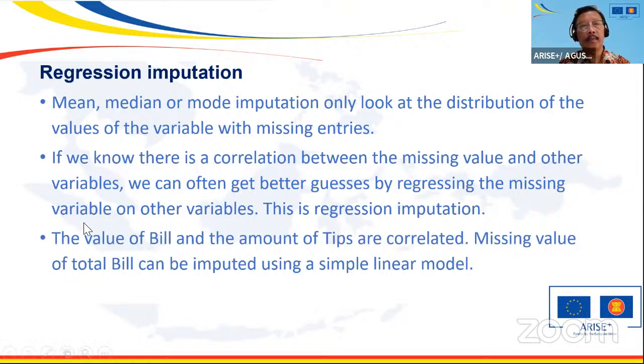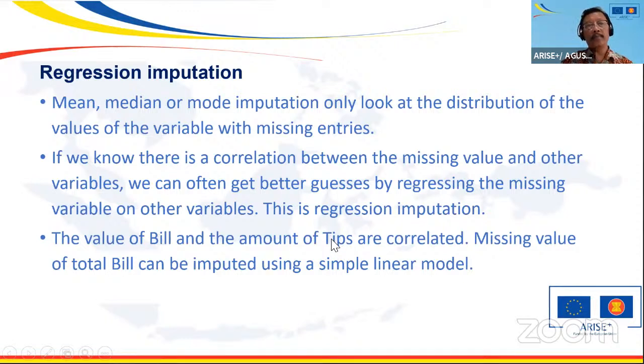Okay. This is a classical example, the bill and the tips. Yeah, from retail sales in a restaurant, they're mostly highly correlated.